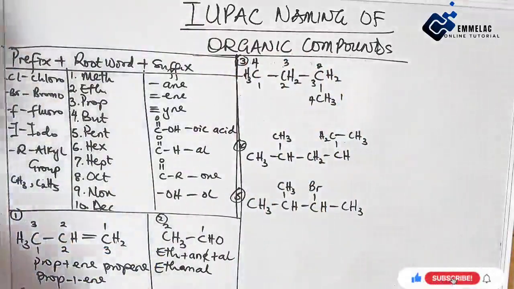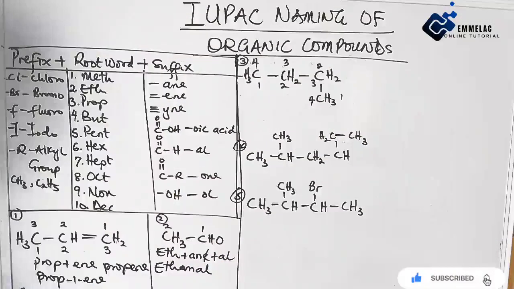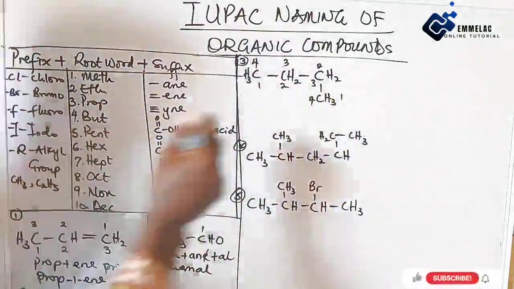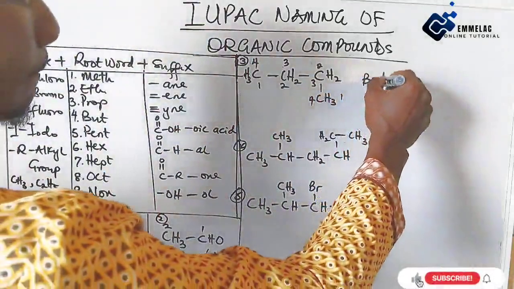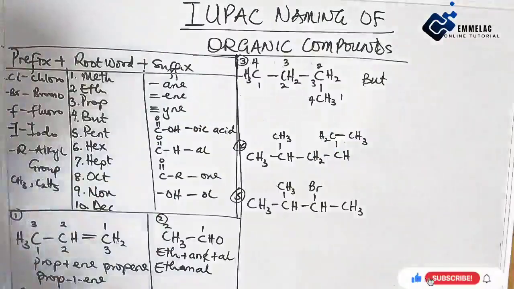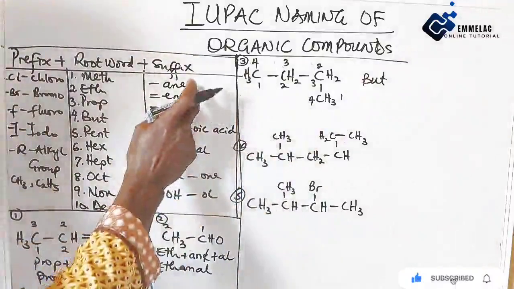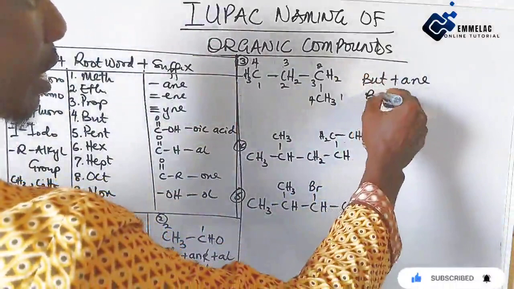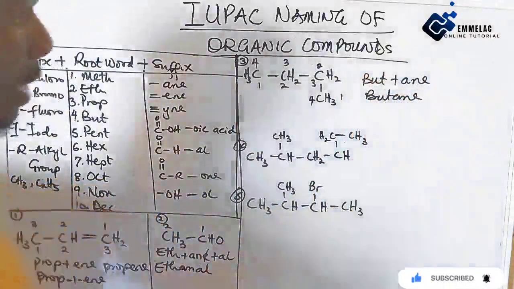Since here we have 4 carbon atoms, which is the longest possible chain, our 4 here is but. It's actually a single bond, so plus ane, and the compound here will be butane.